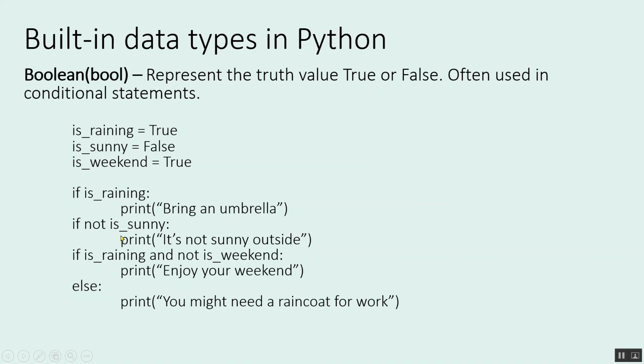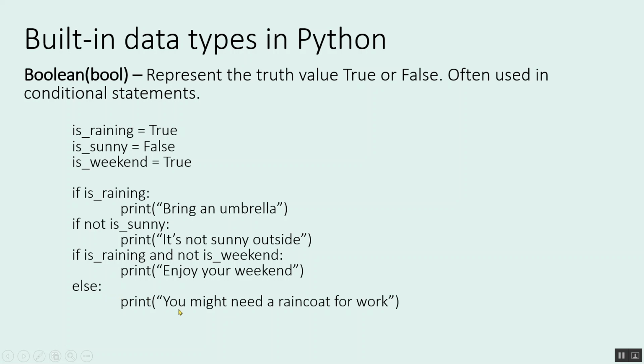Now, not is sunny, we're trying to say not false, then this is true. If true, then print it's not sunny outside.